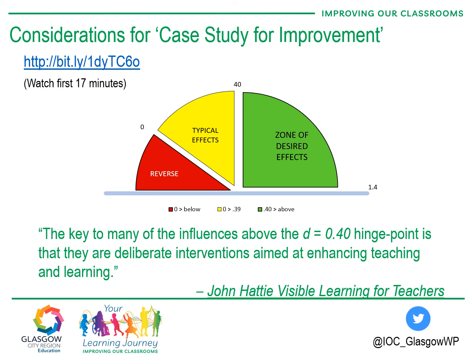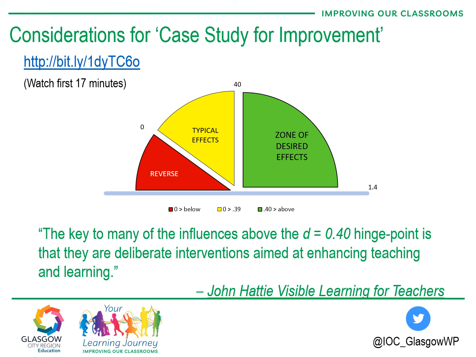Finally, in your considerations for your case study for improvement, we direct you to the link to the John Hattie presentation, and it explores a wee bit more into the effect sizes and the different range of interventions that can happen in your classroom, and perhaps will inform your next steps and consideration in your interventions.